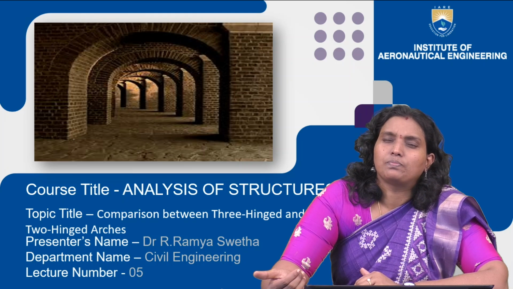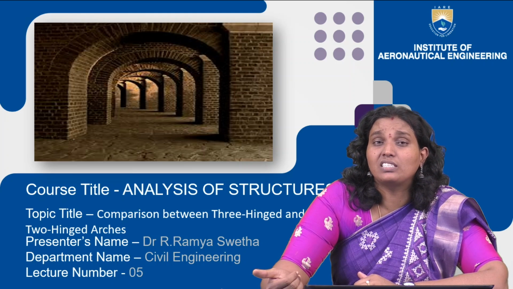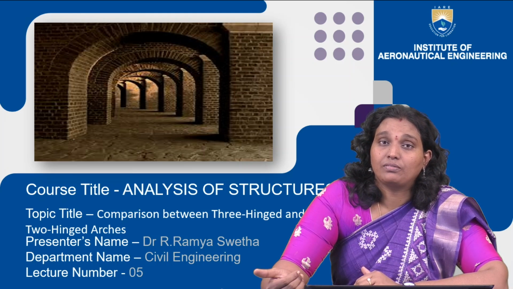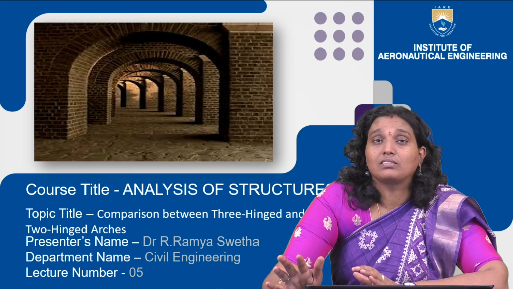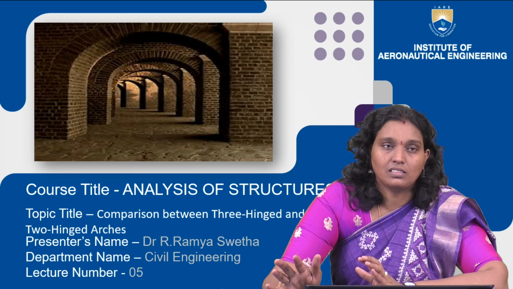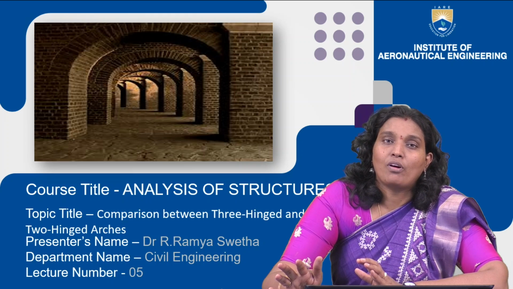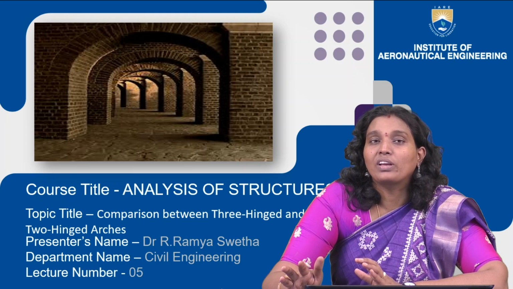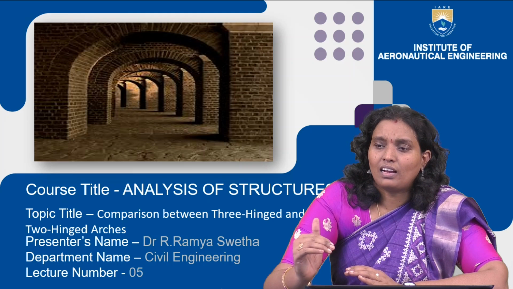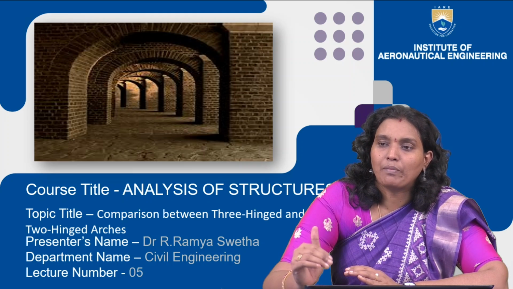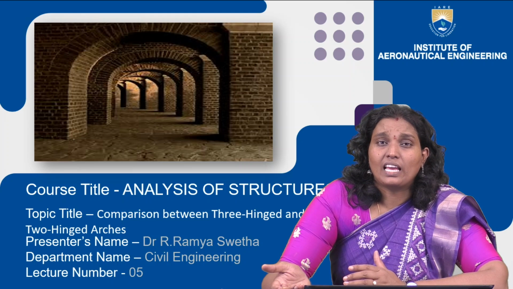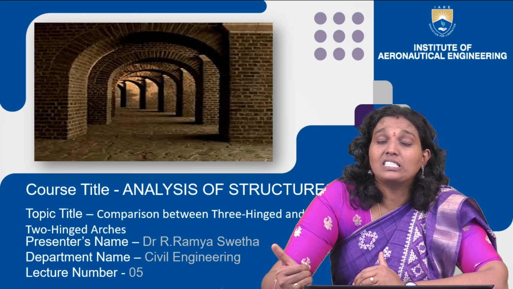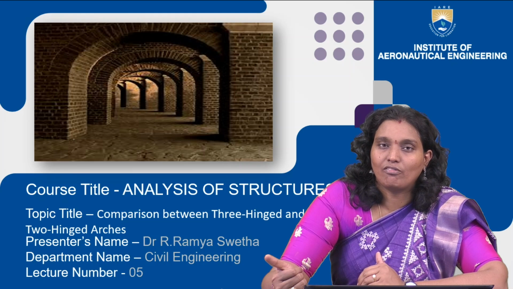And moving on to the 2 hinged arches, only 2 hinges are there, at the end supports. Such types of arches are known as 2 hinged arches. They may be symmetrical or unsymmetrical, and different loading scenarios are involved.